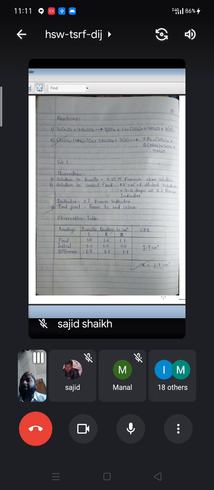Then this ferrous ammonium sulfate in presence of the sulfuric acid reacts with this nascent oxygen, and it will convert ferrous to ferric. In the FeSO4 the plus 2 oxidation state is there, whereas in the product you can see it is having the plus 3 oxidation state.